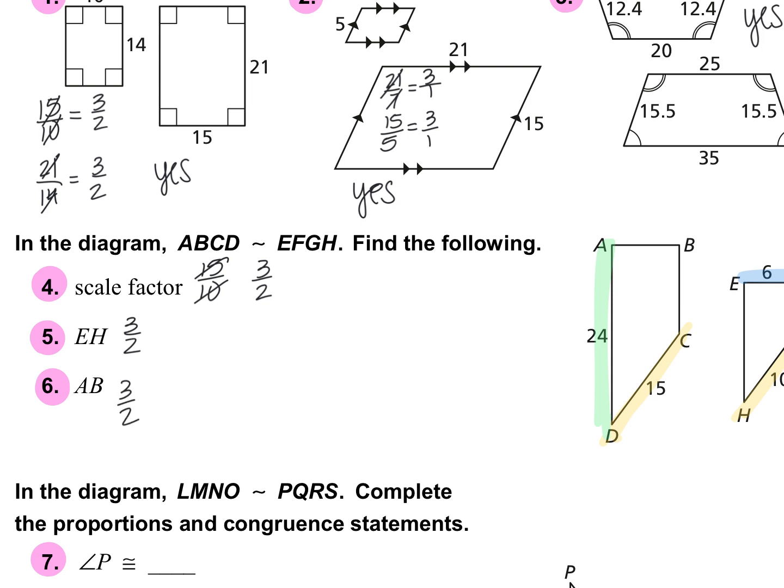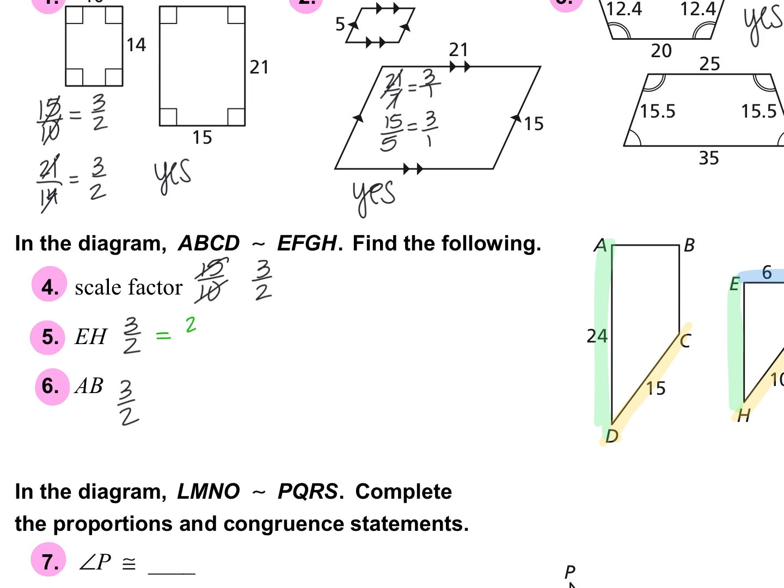They're asking me now for EH. So looking at it, this side is EH, and this side is the corresponding side. How would I write it? How would I write 3 over 2 is equal to what? 3 over 2 is equal to, the 3 was for my 15, so I have to do the larger shape.